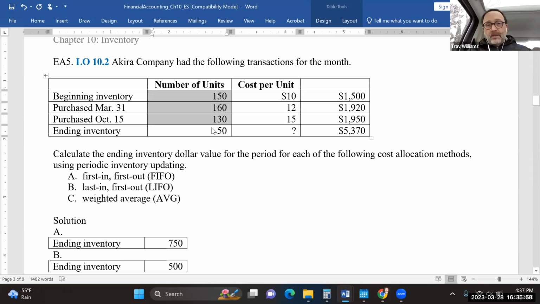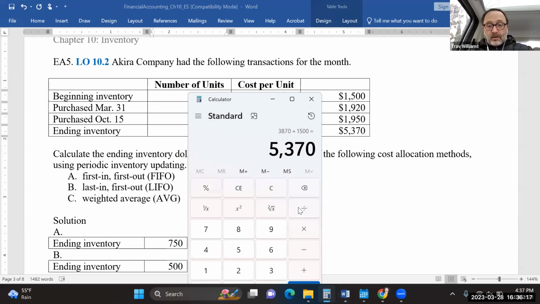All we consider is the inventory that we had available to sell in the first place, right? We had our beginning inventory plus 2 lots that we purchased, altogether 440 units. So now we divide the total inventory cost by the 440 units, and we get $12.20 per unit.